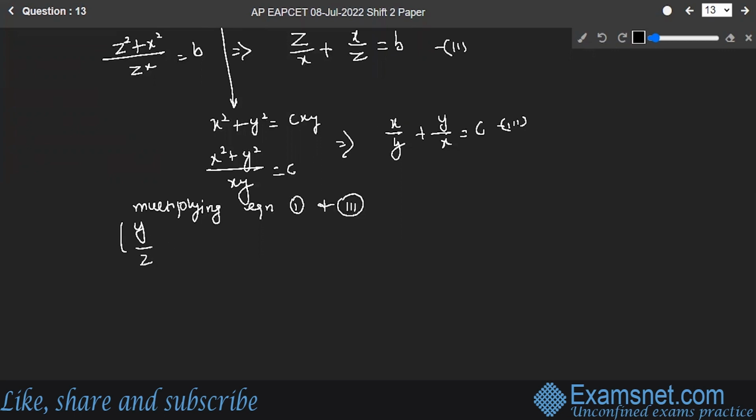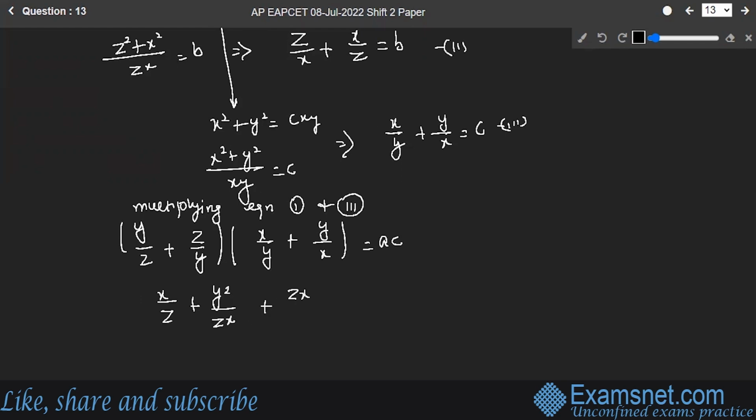So y upon z plus z upon y, x upon y plus y upon x is equal to AC. Now, this can be further written down as x upon z plus y square upon zx plus zx upon y square plus z upon x is equal to AC.